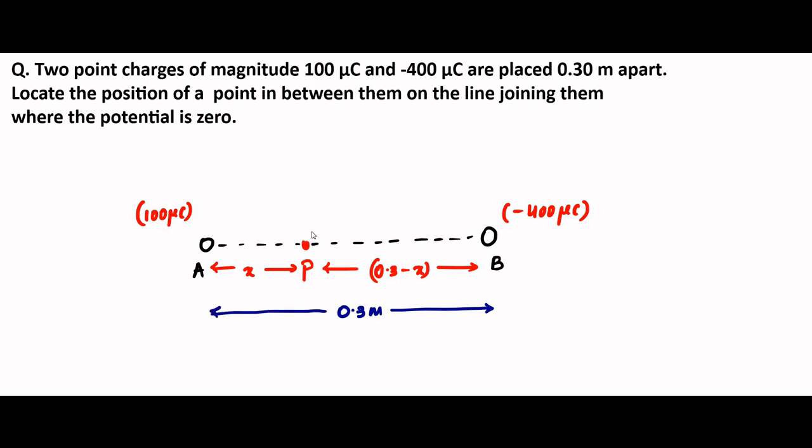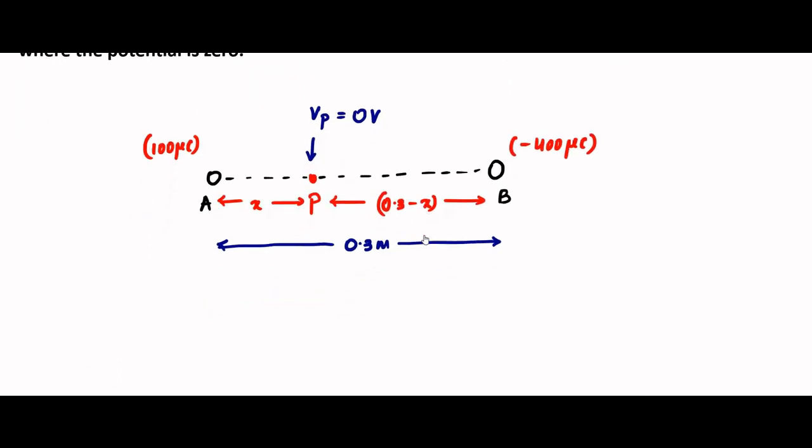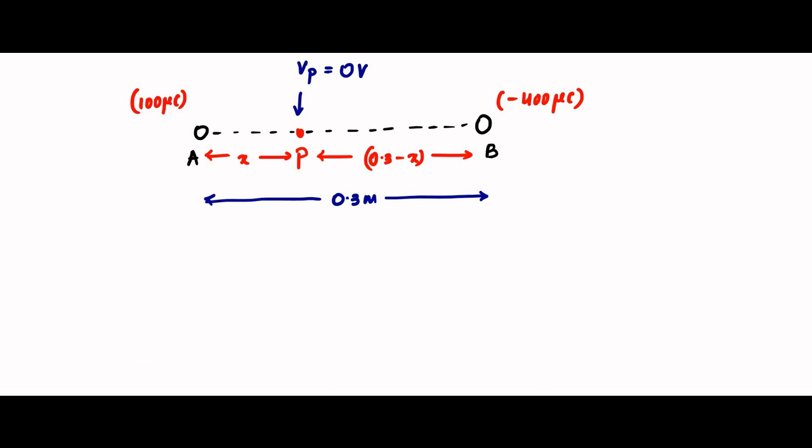Now it is given that the potential at this point Vp is equal to 0 volt. We have to find the value of x. So here the potential at any point because of any number of charges, here because of two charges, the potential at P will be the sum of potential due to charge placed at A, that is 100 microcoulomb, and the potential due to charge placed at B, that is minus 400 microcoulomb.